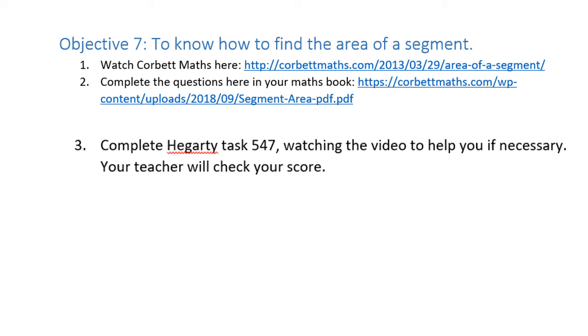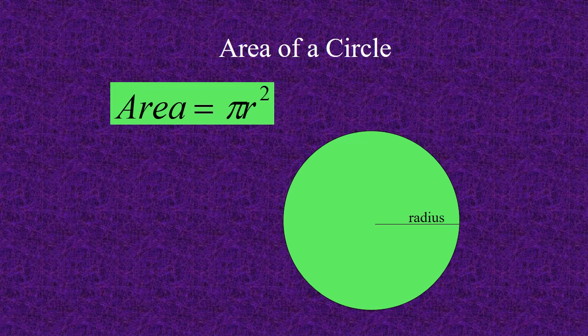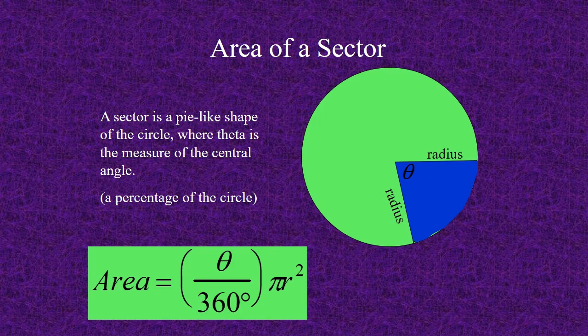Last one, as I said, this is an absolutely massive topic, so they're all big mark questions. To find the area of a segment, there are some videos and a couple of worksheets to help you, and a Hegarty task. So the area of a circular segment: we know the area of a circle is pi r squared.